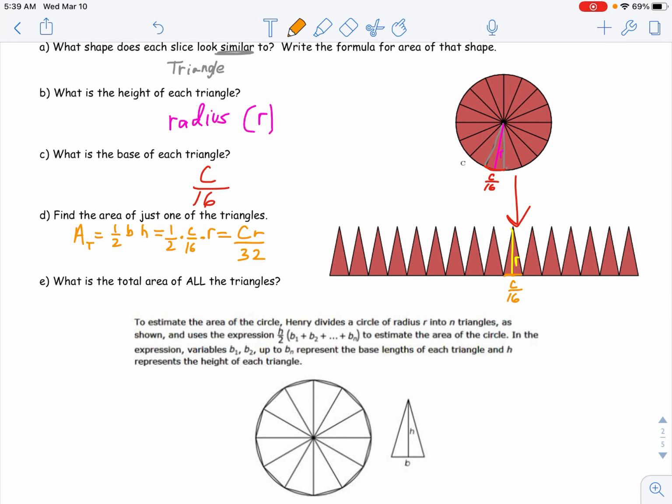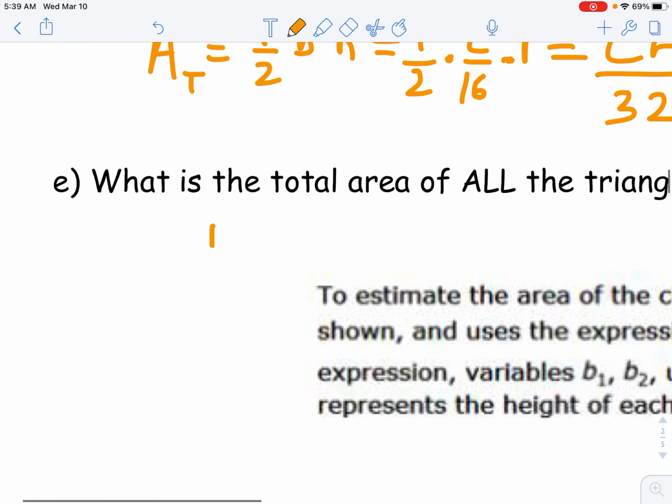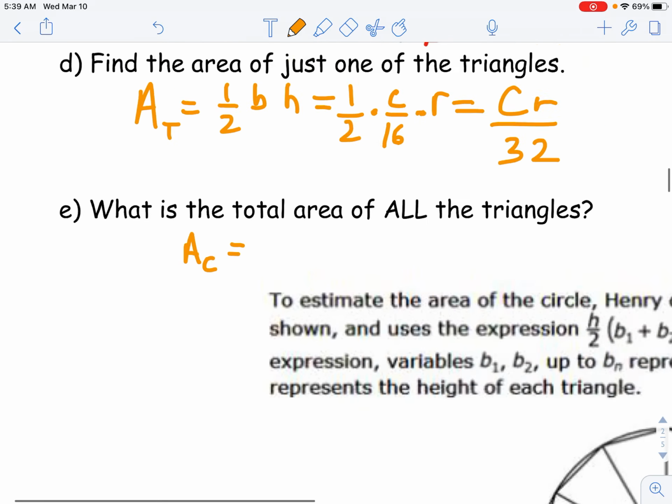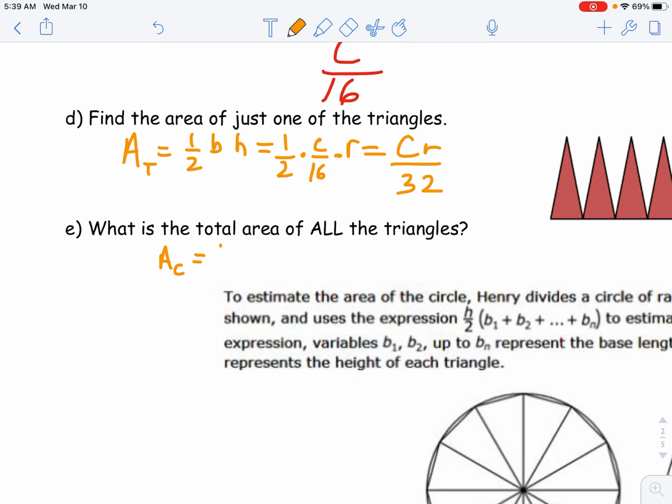And then what's the total area of all the triangles together? The area of the circle is going to be 16 times CR over 32, since there are 16 of them. So we have circumference times radius over 32.